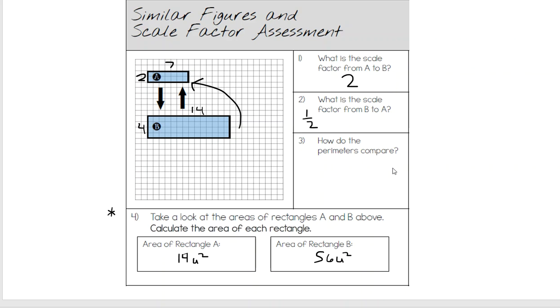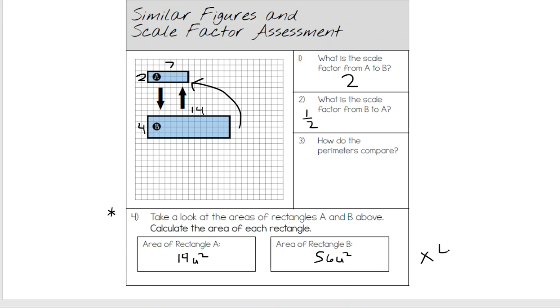Okay, and then when we compared the perimeters, we found that the perimeter of shape B was twice as big as the perimeter of shape A. And we also found that the perimeter of shape A was 1/2 as big as the perimeter of shape B. And when we looked at the areas, to get from the area of shape A to the area of shape B, we had to multiply by 4.